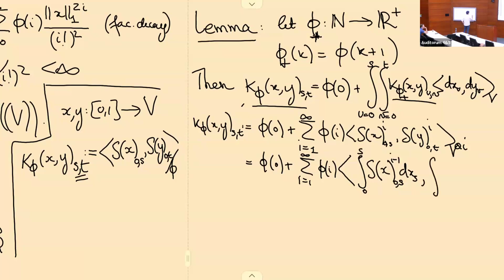And the other one is the integral between 0 and t of the signature of y at level i minus 1 between 0 and t, dyt, inner product in V tensor i. Where here I have the product. Well, I guess this is the tensor product.